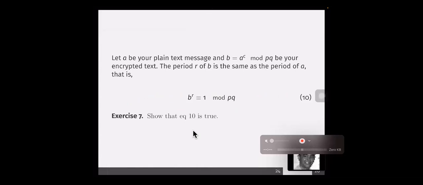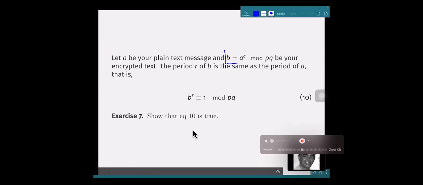Again, you have a plain text A. If you want to encrypt it, you raise it to the power C mod PQ to get B. Now guys, this is very important.